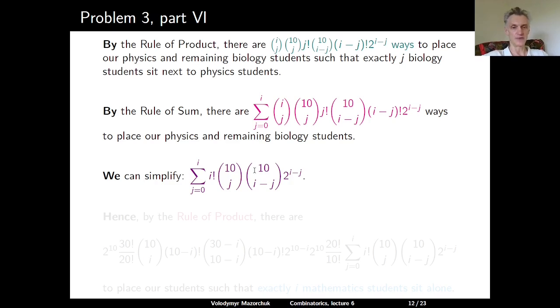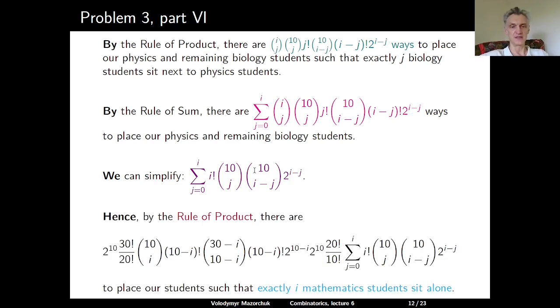And for this fixed value of i, we use the rule of product and deduce that the number of placements in which exactly i mathematics students sit alone equals 2 to the power 10, 30 factorial divided by 20 factorial, 10 choose i, (10 minus i) factorial, 30 minus i choose 10 minus i, (10 minus i) factorial, 2 to the power 10 minus i, 2 to the power 10, 20 factorial divided by 10 factorial, and then our sum over all j from 0 to i of i factorial times 10 choose j, times 10 choose i minus j, times 2 to the power i minus j.